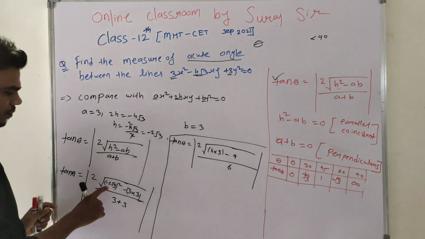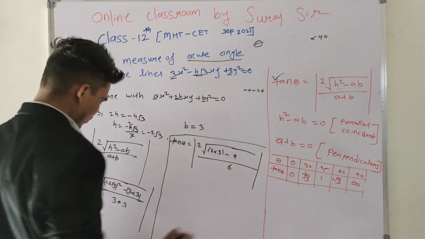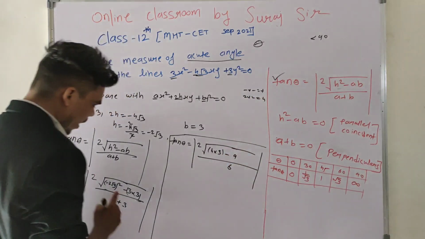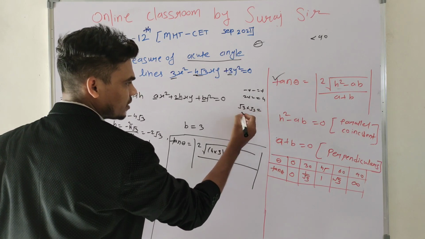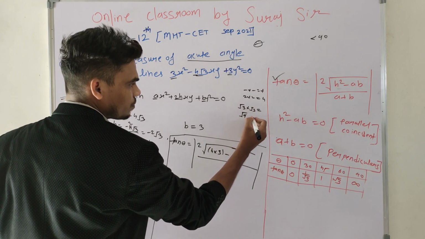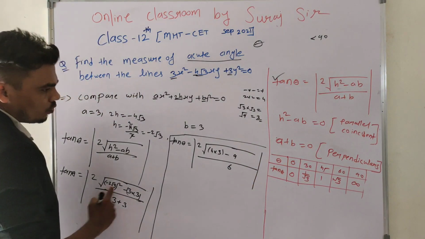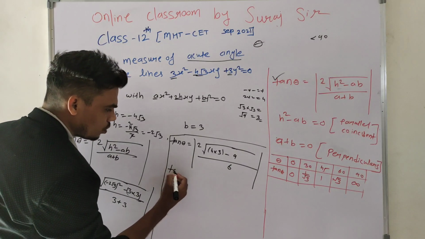Clear? Once again, minus square is 2 square, 2 into 2 is 4, multiplied by root 3 square, root 3 multiplied by root 3 is root of 9, that is 3. We can say root 3 square is directly 3. Clear?